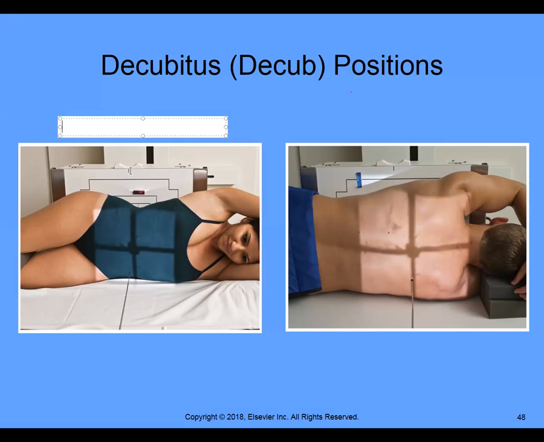Okay, so these projections here are called decubitus, or decubitus position. What makes it a decubitus is that the patient is lying down on a horizontal surface, first of all.